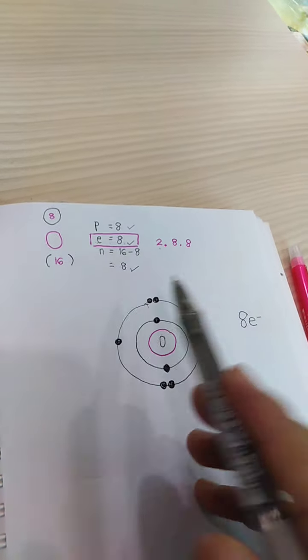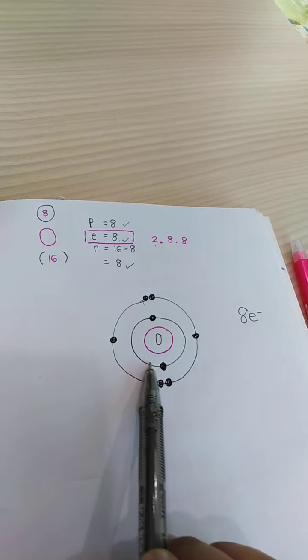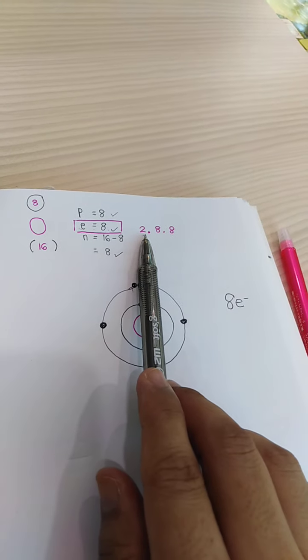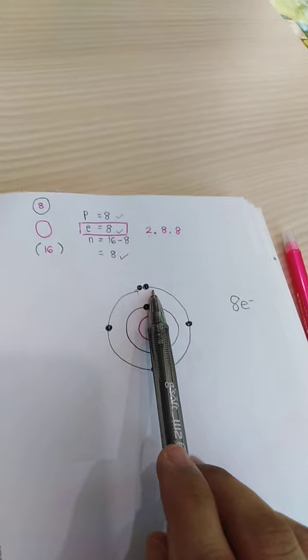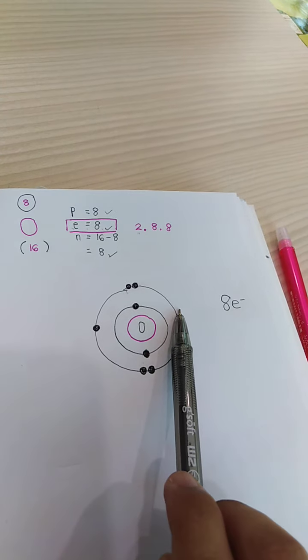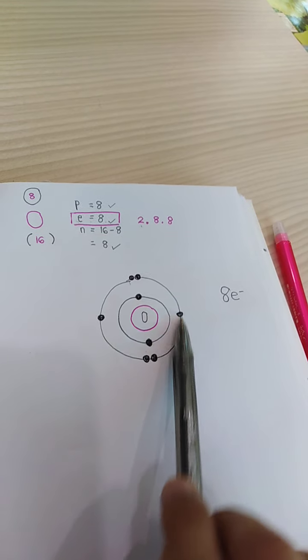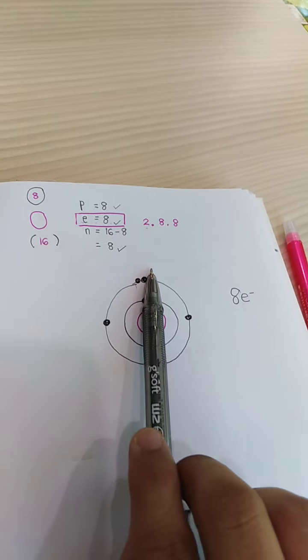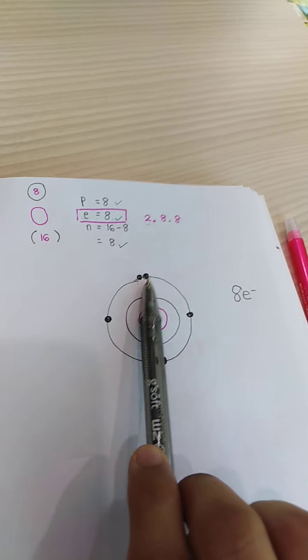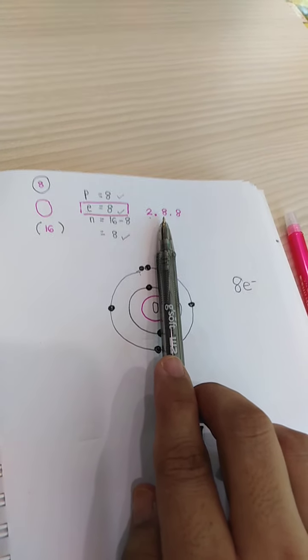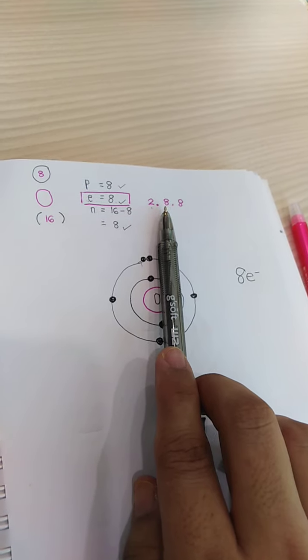So let us check. First electron shell only has 2 electrons. I obey this formula too. Second electron shell, I have 6 electrons occupying the second electron shell. Only 6 here. Maximum is 8. Doesn't matter if it is less than 8.